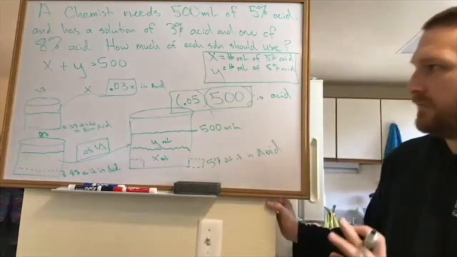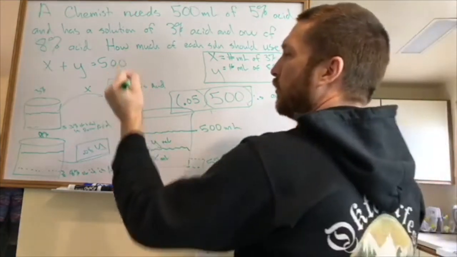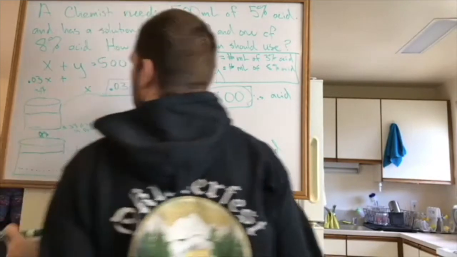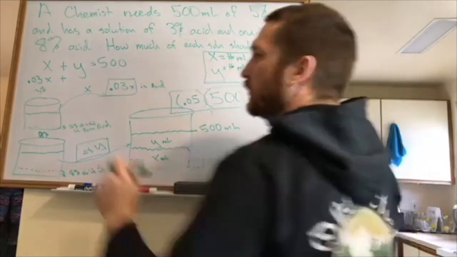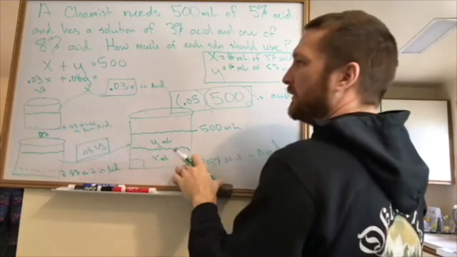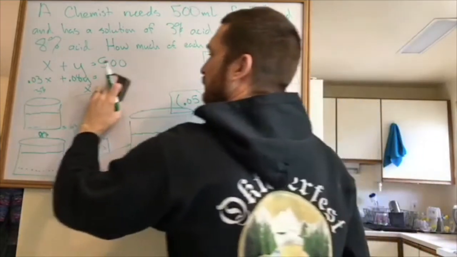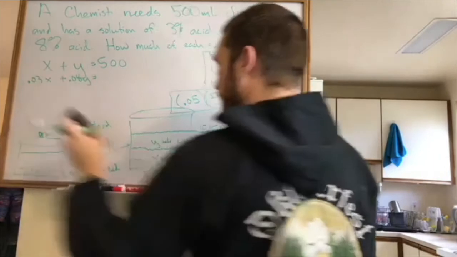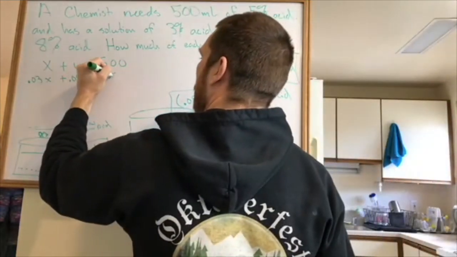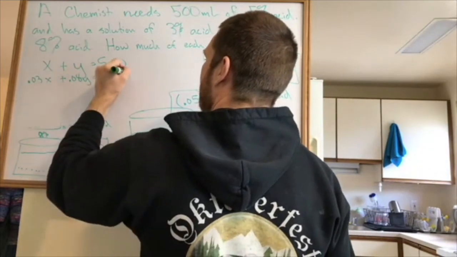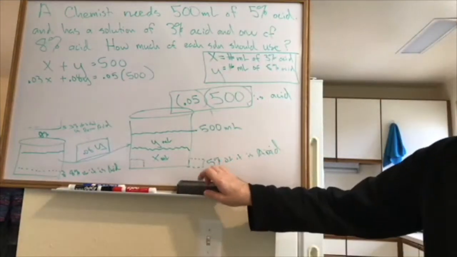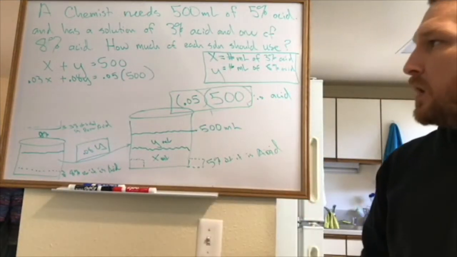All together, I'm going to get 0.03x plus 0.08y is equal to, now I'm going to do some erasing here, 0.03x plus 0.08y is 0.05 times 500.